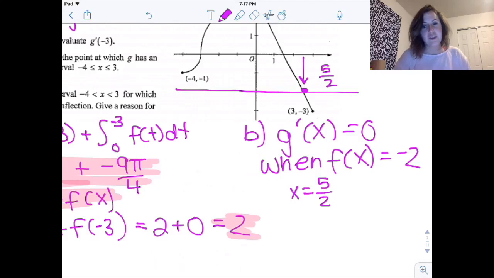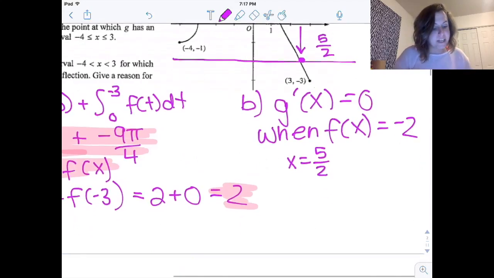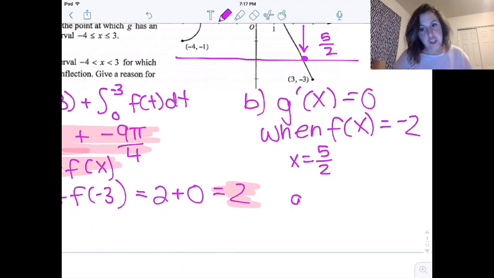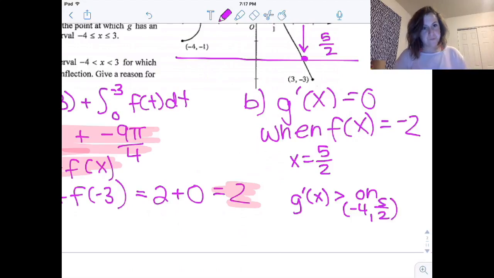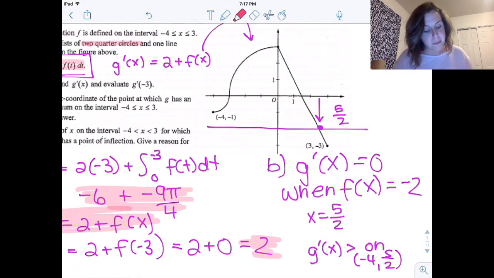Okay, but let's try to think about why. So the reason why would be because G prime of x would be greater than 0 anywhere on negative 4 to 5 over 2. Because this is above the line y equals negative 2. So anywhere here, I'm going to have a positive accumulation.